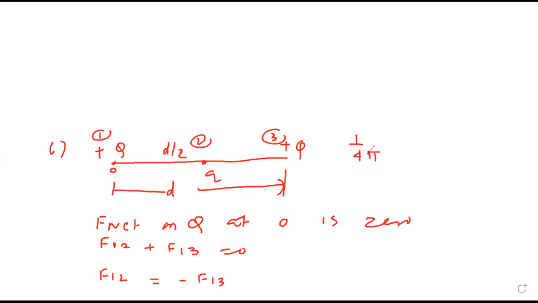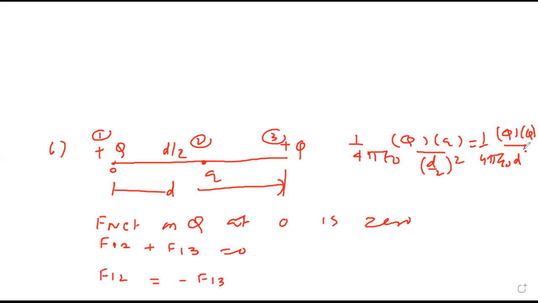So 1 upon 4 pi epsilon naught, first charge is q, second charge is small q, and distance is d by 2 the whole square. This is same as 1 upon 4 pi, first charge q, third charge q, distance is d, so d square.